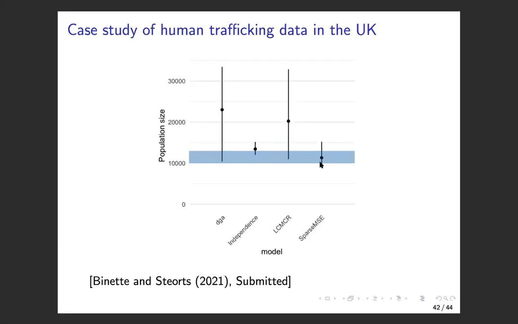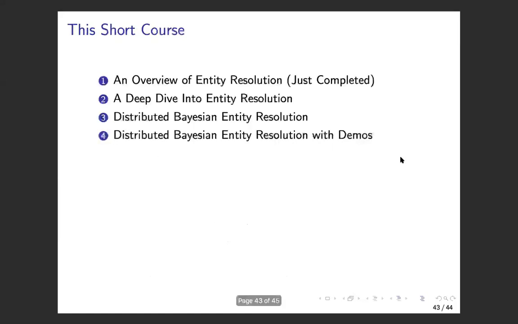We're trying to come up with principled advice that we can give to practitioners working on this problem, not only for the UK, but for all of the publicly available data sets, providing sensitivity analysis as well as other things. This is submitted work that Olivier has just finished, and it has really nice R packages available.